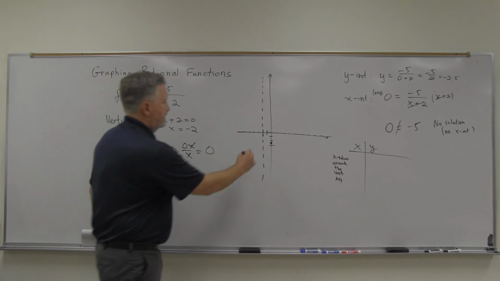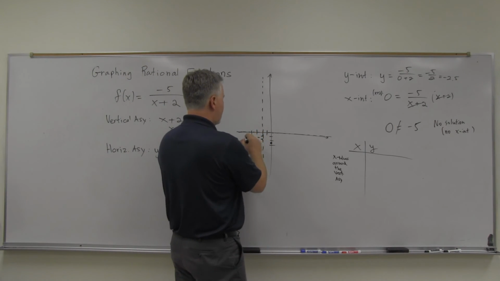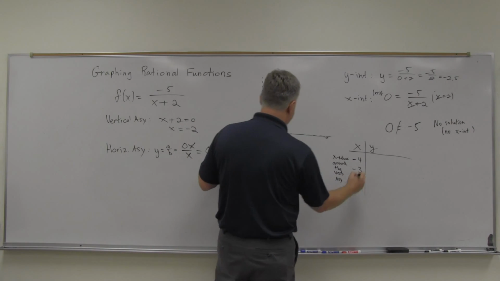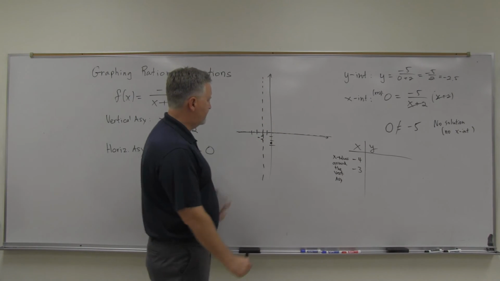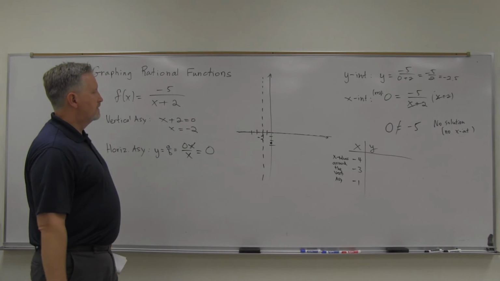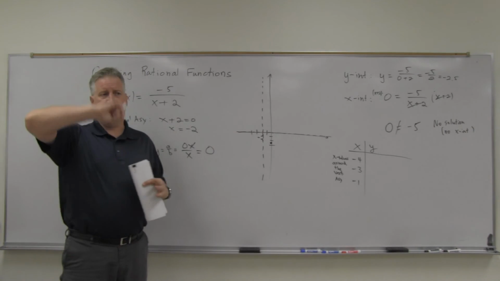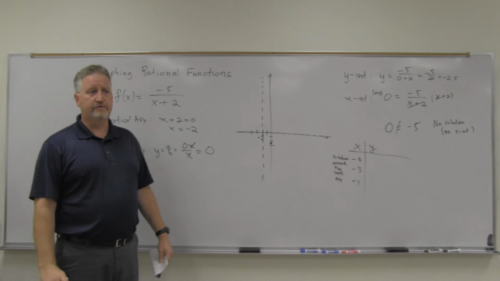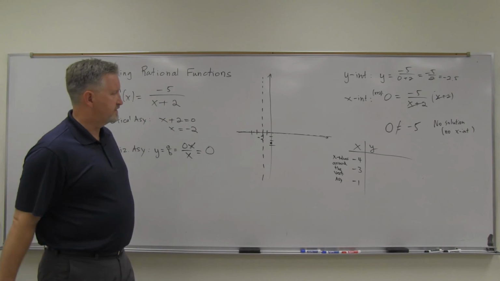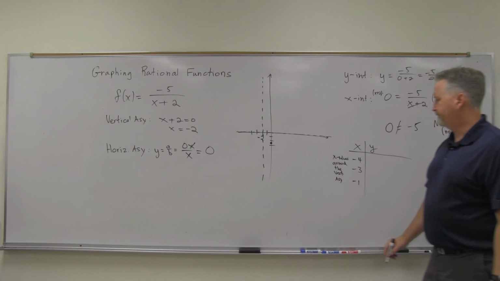So our vertical asymptote here is -2, so let's do, over here, maybe -4, -3, and then over here -1, and we've already got 0. The reason I do a couple is so we can see the general direction we're going as we go towards the vertical asymptote. If we just have 1, it doesn't really give us that much information on either side.